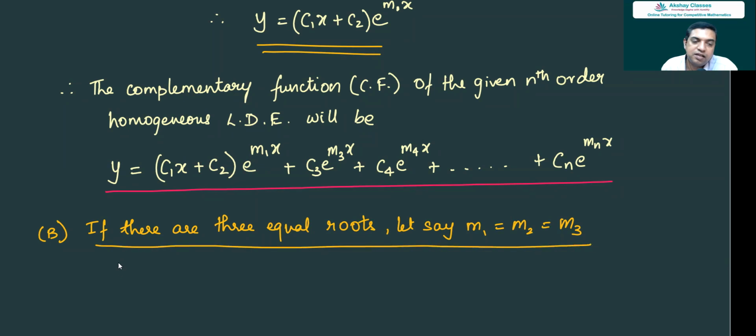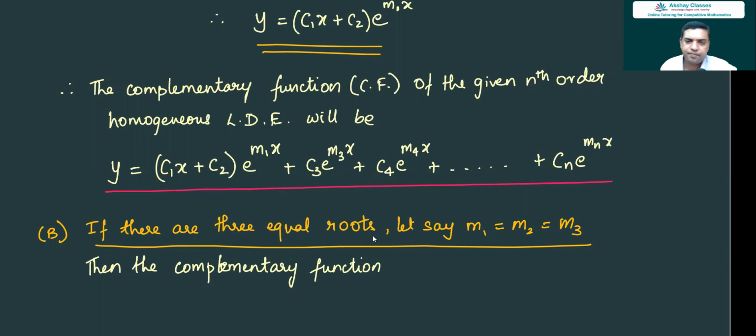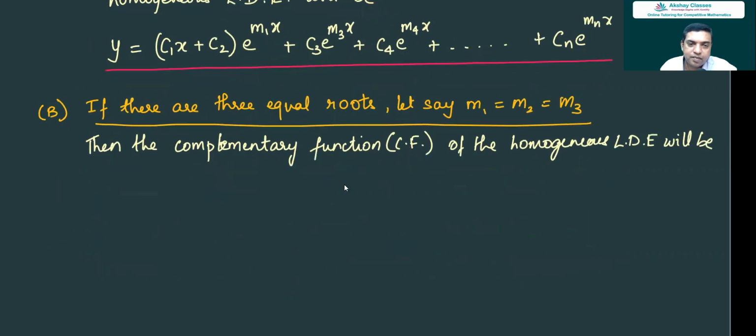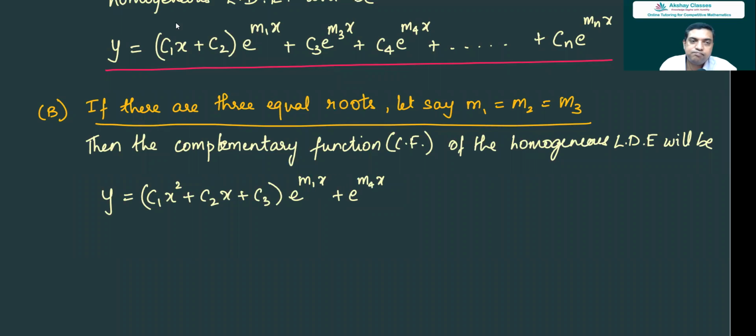Then we will not go through the whole thing again, but I'll write the complementary function of the homogeneous LDE directly. It will be y is equal to (c1x square plus c2x plus c3) times e power m1x, then c4 e power m4x plus c5 e power m5x, and so on.